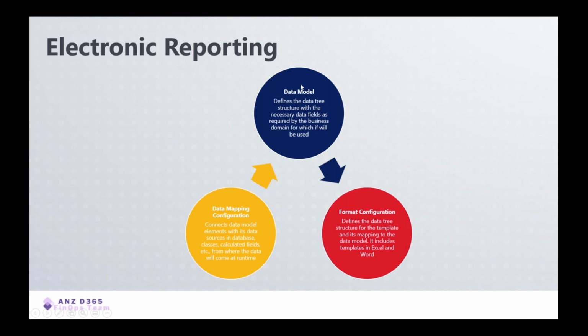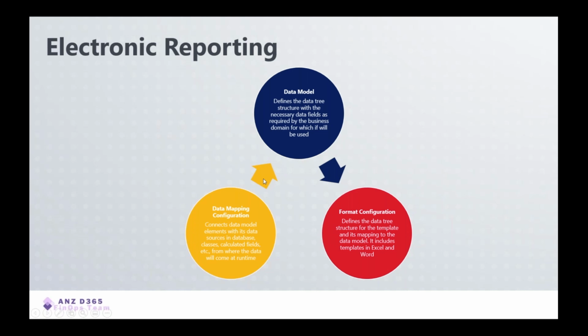Yep. Once we define this data model, we will be updating or creating the data mapping. So the concept of data mapping configuration is nothing but a binding from your D365 database to the structure which we have developed.